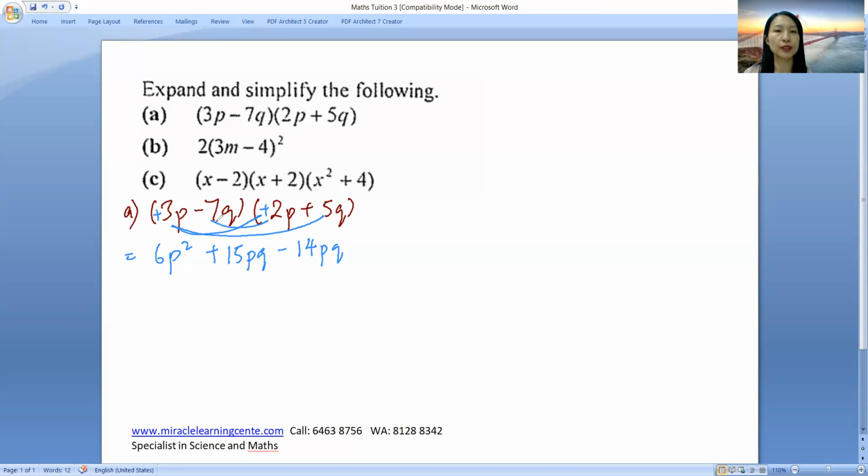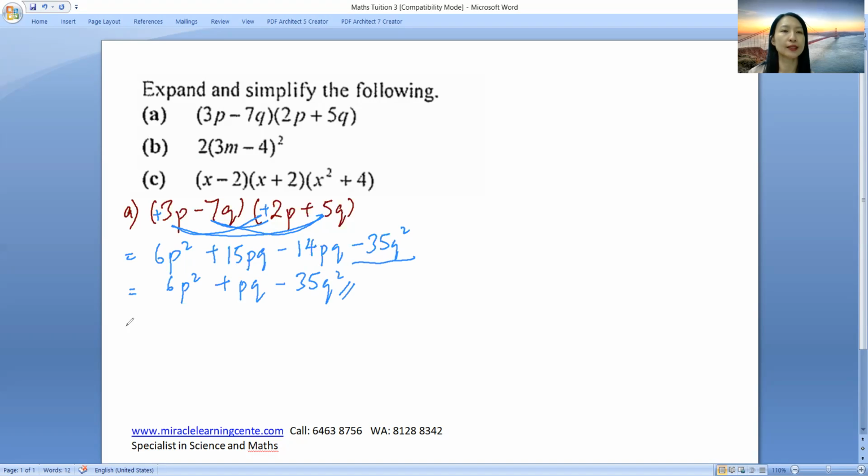And the last one, negative times positive, is negative. So 5 times 7 is 35q squared. So we simplify: 6p squared. 15 minus 14 is 1, so it's plus pq. And the remaining, which is this one over here, negative 35q squared.